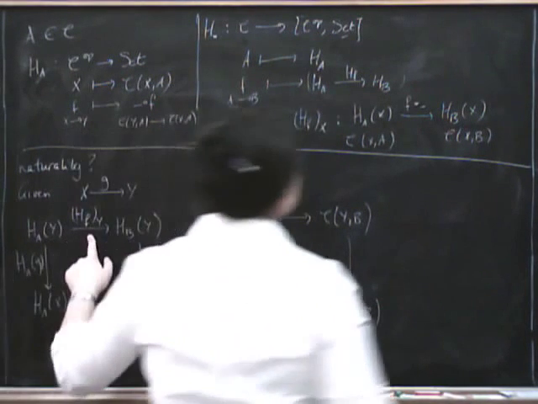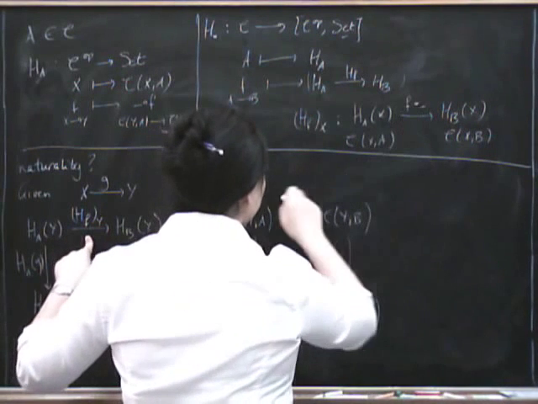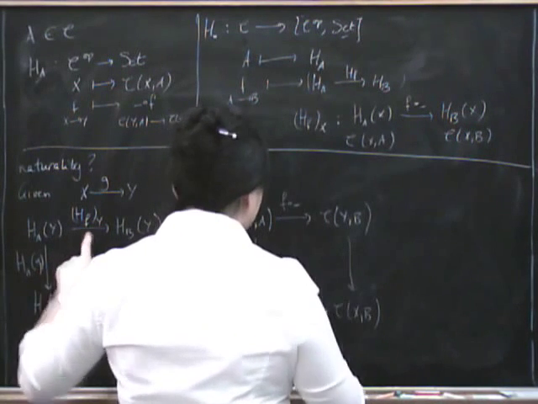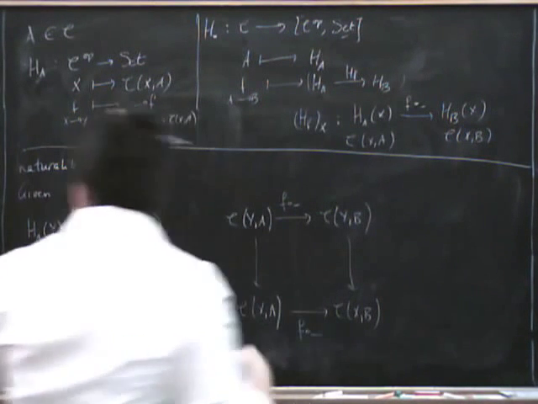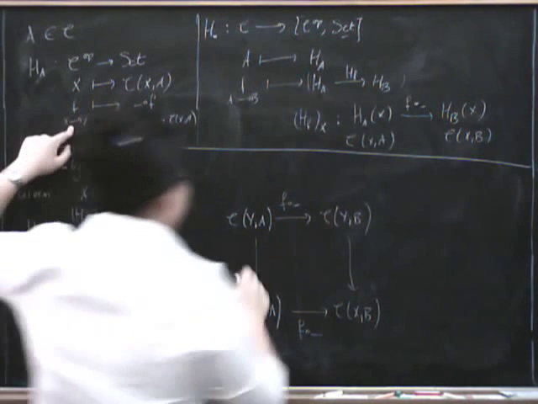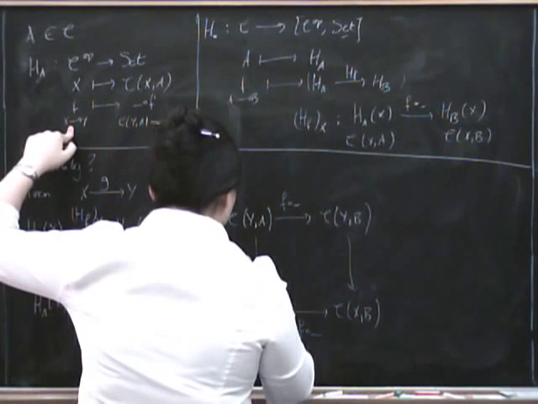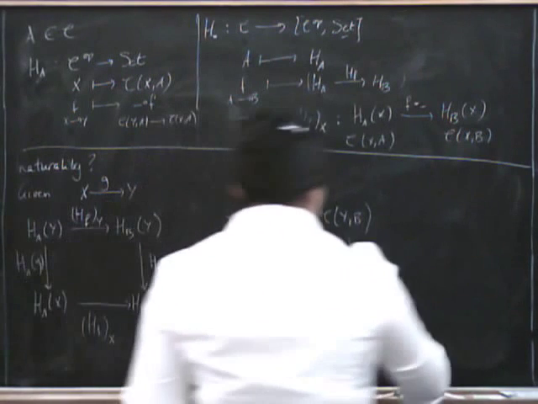This top one is going to be this component of the natural transformation, so that's F composed with blank, and so is this one. Coming down the sides, we're applying this to a morphism, so that's composition on the other side with our morphism G.